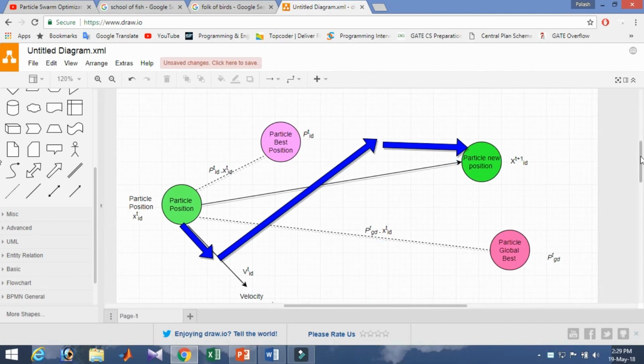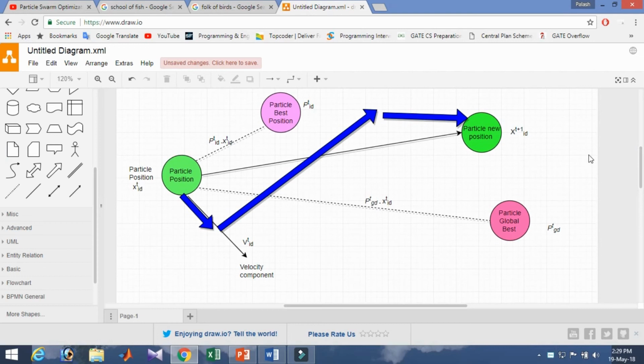It first goes toward its previous position direction. After that it changes position and goes toward its best position direction. After that it goes toward the global best direction, and it reaches here, and this is the new particle position.